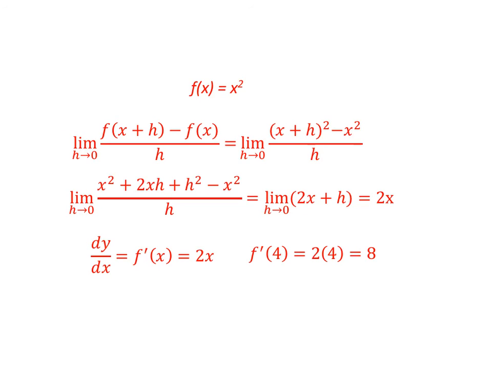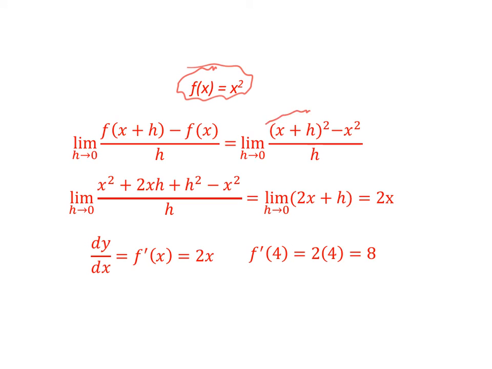All right, let's look at my other example here. My other example was f of x is now equal to x squared, okay? So that's my function. I want to find the derivative of f of x. I use the same definition, limit h approaches 0, f of x plus h minus f of x over h. So in place of x, I plug in x plus h.